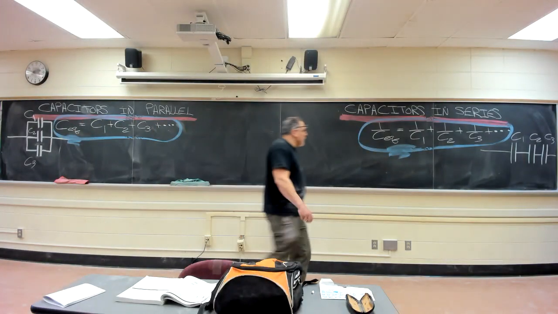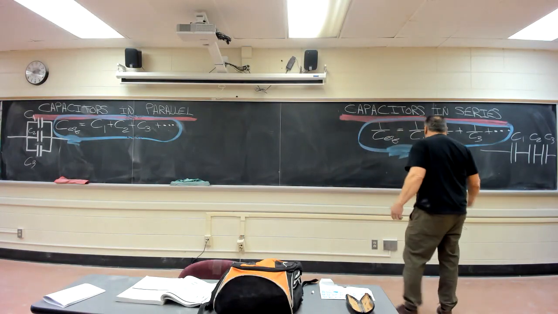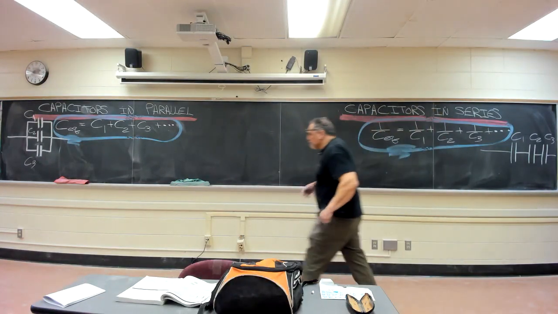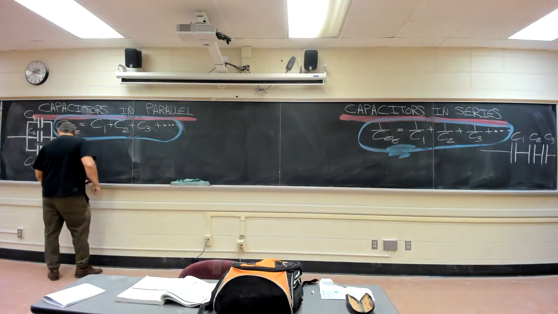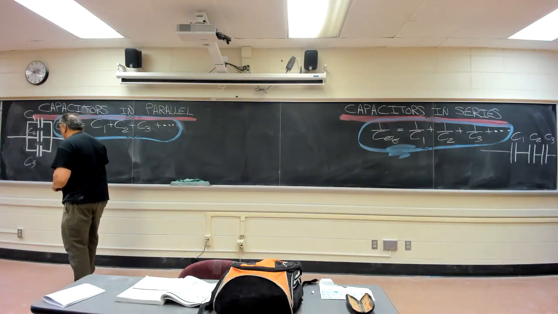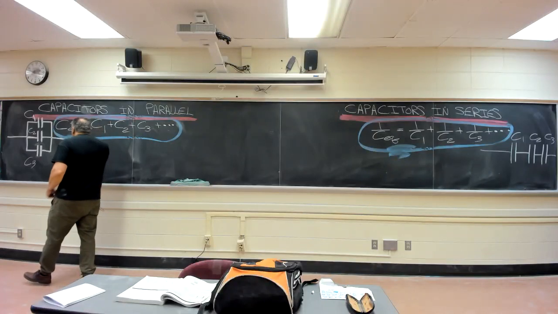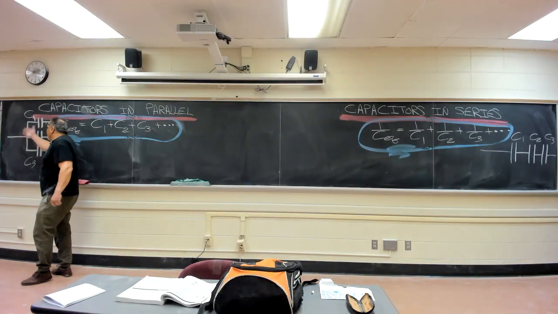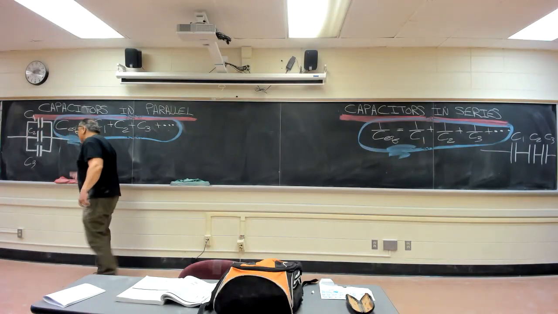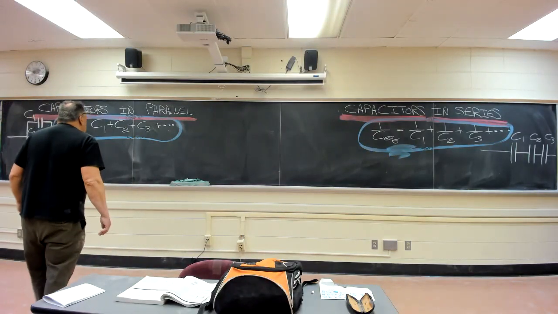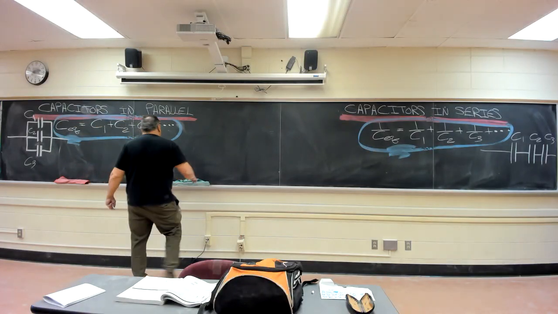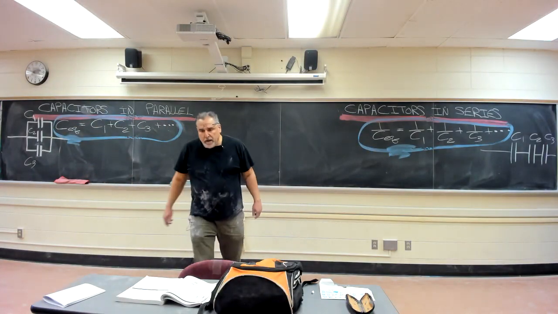All right. The way you want to do this, the way it works out is this. When something's in parallel, it's a tough thing to explain sometimes, I think. Let's do what we can with it.